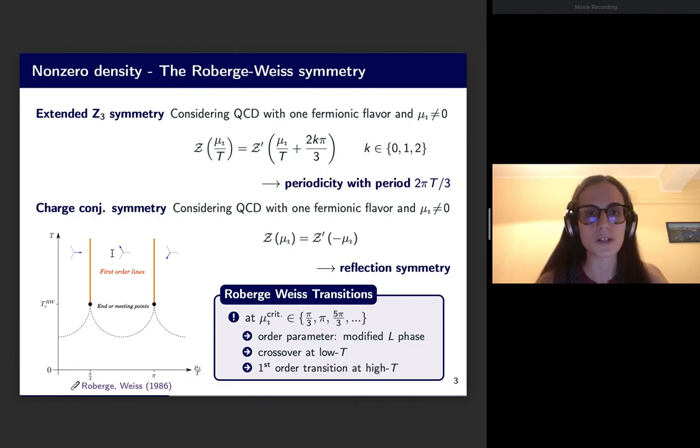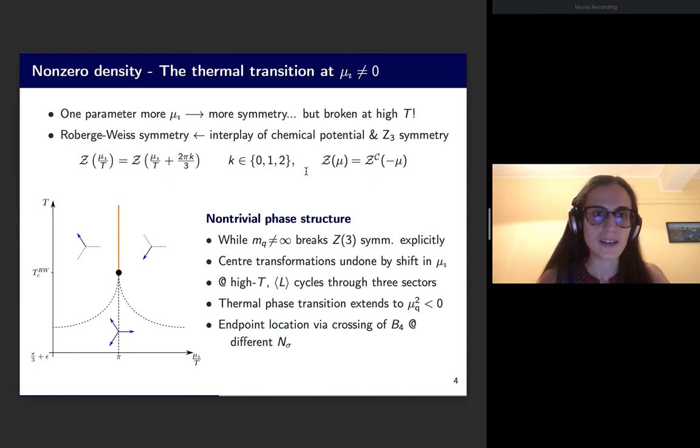This was really worked out in the paper by Roberts and Weiss. They used different approaches for the T to infinity limit and for the T to zero limit in order to work out that there are first order phase transitions at high T and just crossovers at low T. Okay, without entering much more into detail, the point I'm trying to make is that you have one parameter more, which is mu I. You have some extended center symmetry.